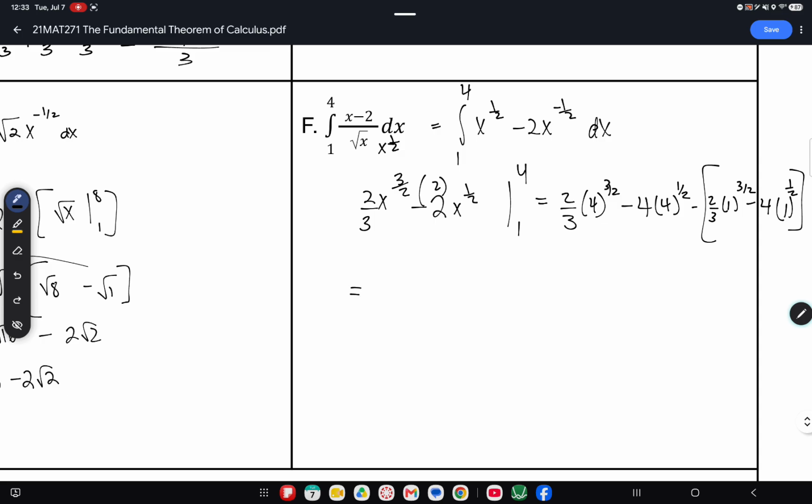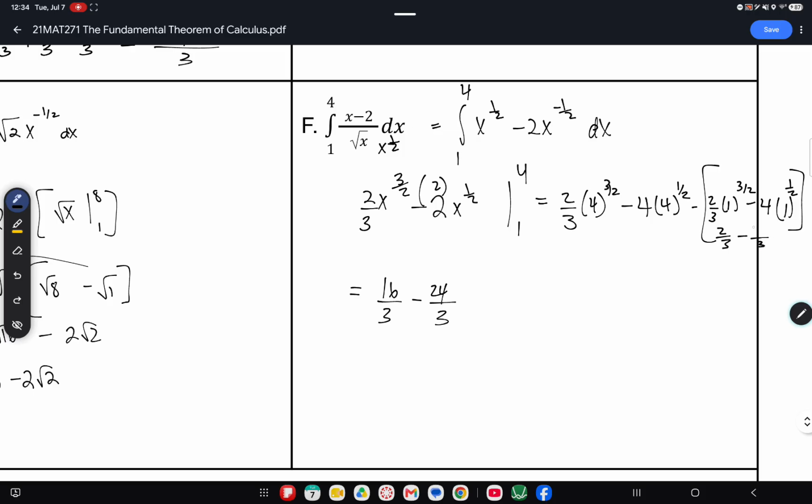And then we'll do some math again here. So square root of 4 is 2. 2 cubed is 8. 8 times 2 is 16, so 16/3. 4 to the 1/2 is 2, so minus 8, which will make that 24/3. And then do some side math here. So that's going to be 2/3 and then minus 4.